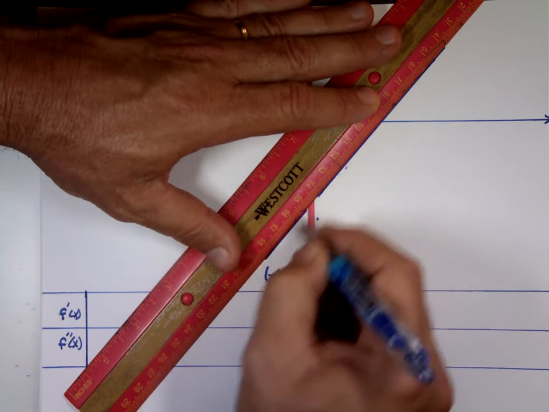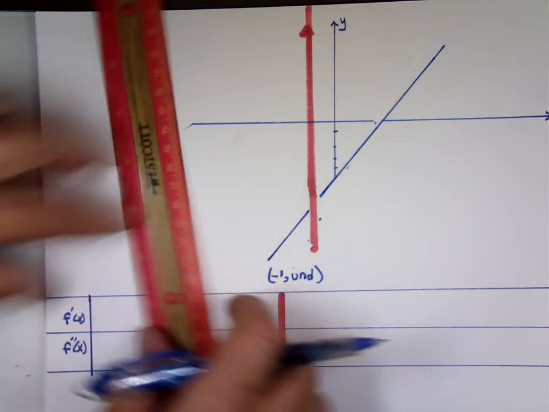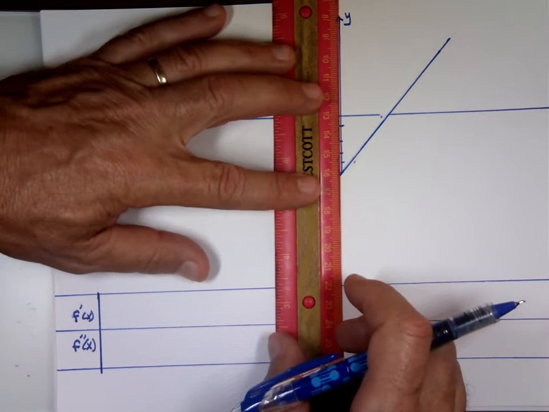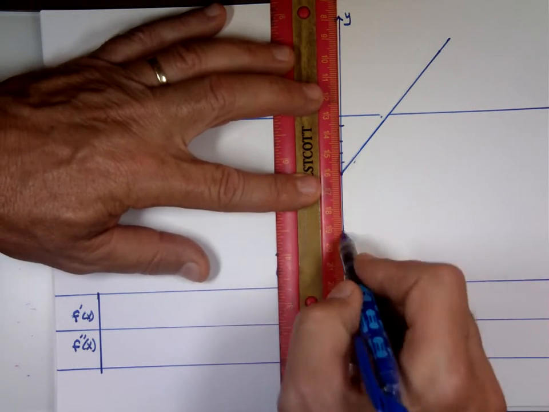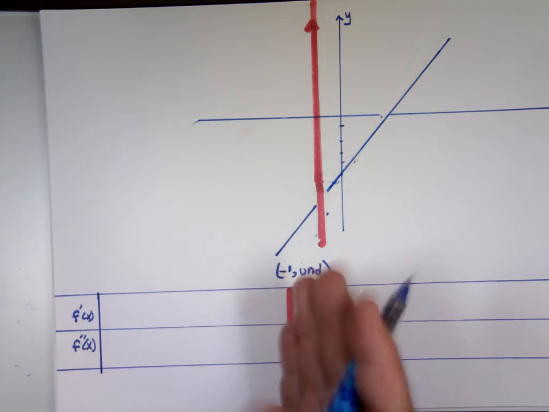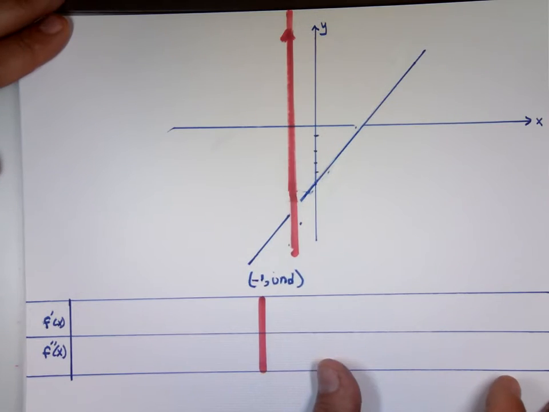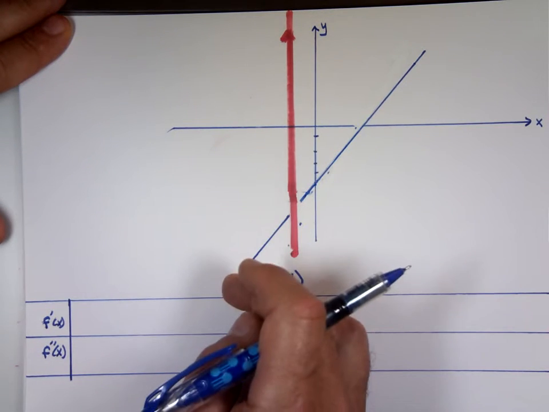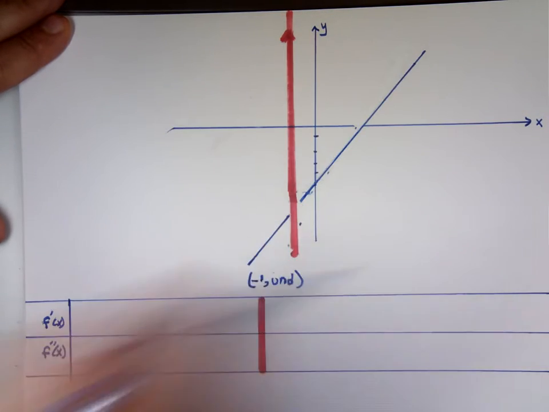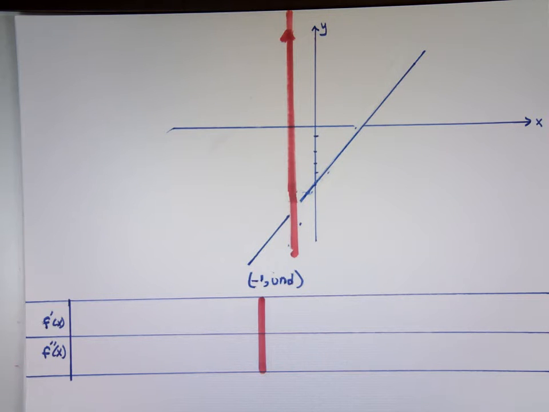Let's see if that helps me. Try to give myself some room, some space there instead of down here. I didn't do anything yet. I just said I have a slant asymptote. It looks like this. I have a vertical asymptote. That's this line. That's all I know so far.